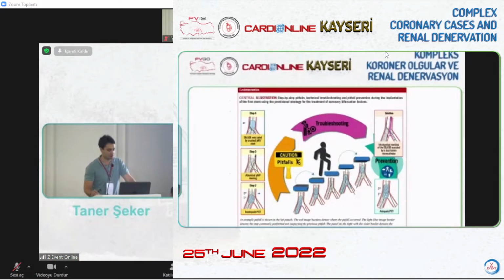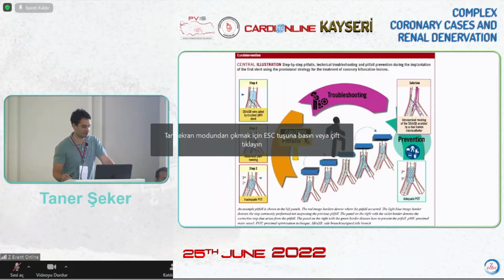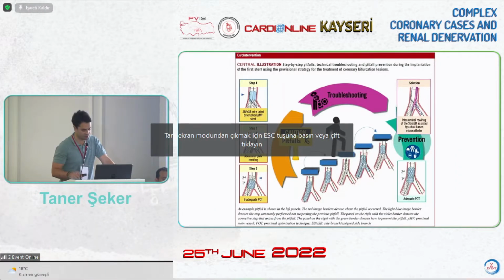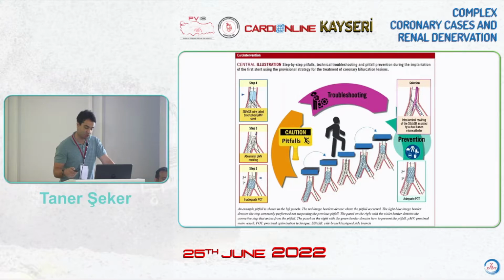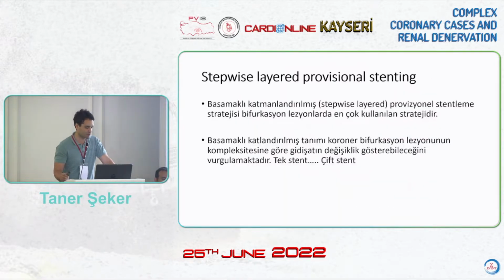Actually, the technique is quite similar in this guide, especially the challenges during provisional stenting are mentioned, and some solutions are recommended. And here a new terminology has been used.